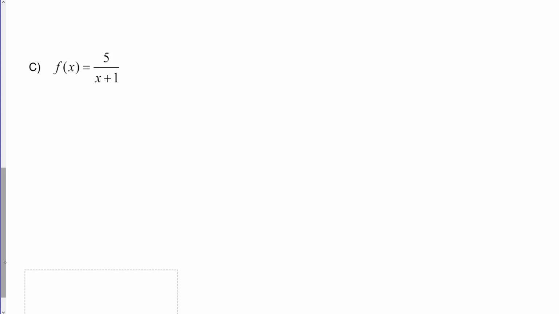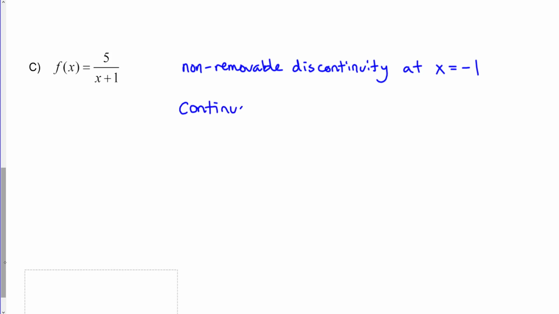So it's going to be an asymptote, which means I would have a non-removable discontinuity at x equals -1. But my function would be continuous on the interval from -infinity to -1, but not including -1, and then from -1 to positive infinity.